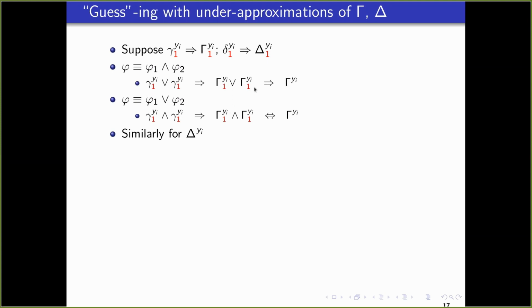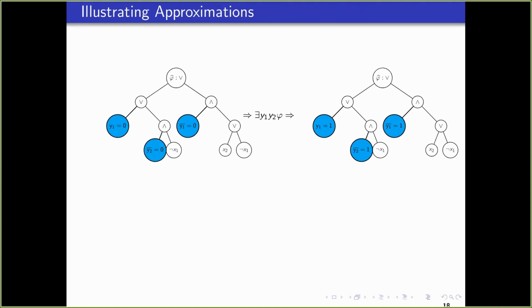So this disjunction of little gammas continues to be an under approximation of what I wanted to calculate. And similarly for conjunction, the conjunction of the under approximations implies the conjunction of the real gammas. And for this kind of composition, we know the conjunction of the real gammas is the real gamma of the overall specification. Okay, so we basically use this.